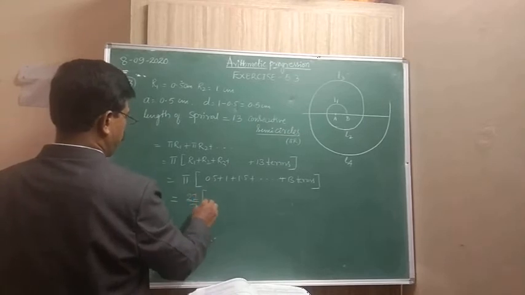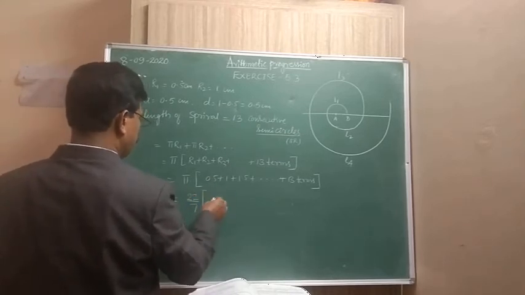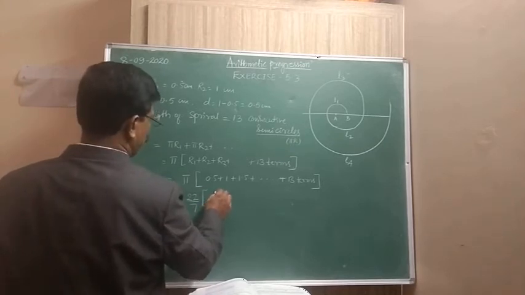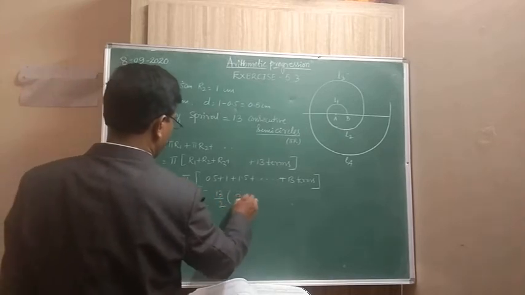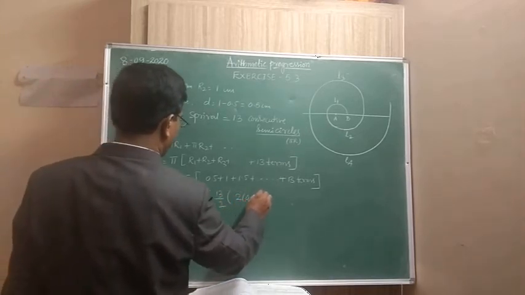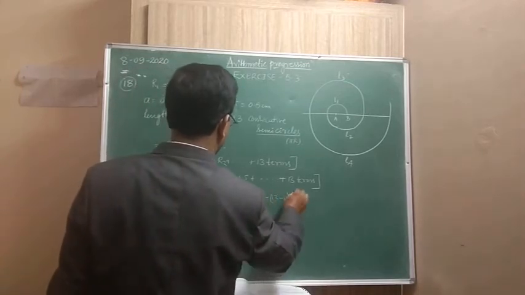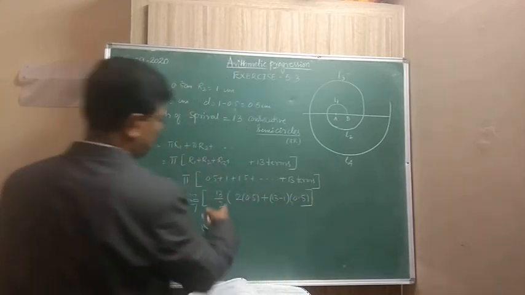Now this is 22/7 into 0.5 plus 1 plus 1.5 and so on. So apply the formula. The Sn formula is n/2 into 2a plus n minus 1 into d. So that is 13/2 into 2 into 0.5 plus 13 minus 1 into 0.5. Clear this?